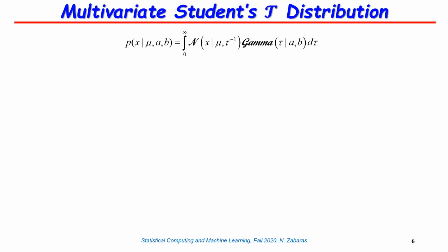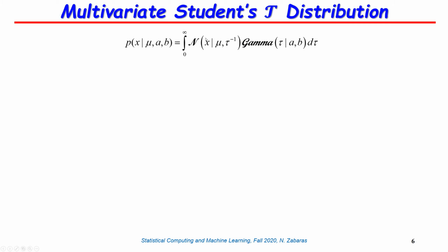So now I am going to introduce the multivariate Student t distribution, and of course our starting point is this fundamental equation that you see on the top. I remind you what this equation is all about: we stated that the Student t distribution is really the average of Gaussians for precisions that are being sampled from a gamma distribution.